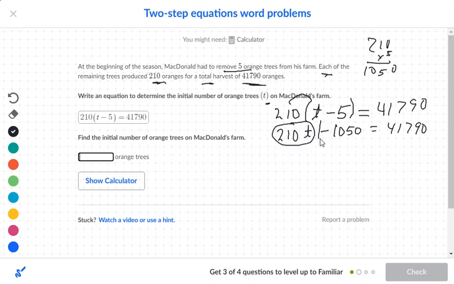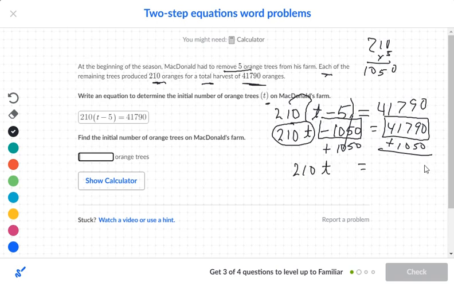So let's go ahead and use our rule BCD. So let's circle the letter. Let's box our numbers. Now we know that we got to move this box out of here, so we're going to add 1050 to each of these. So 1050 here. So those boxes will cancel. So you get 210T is now equal to, what do we have here?